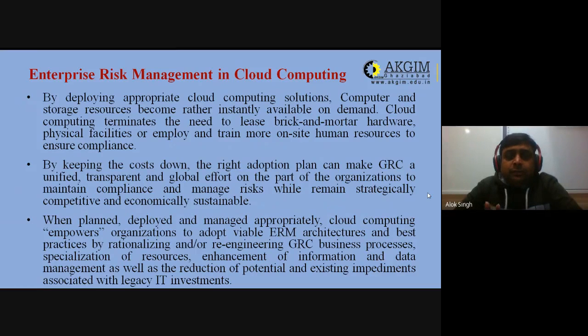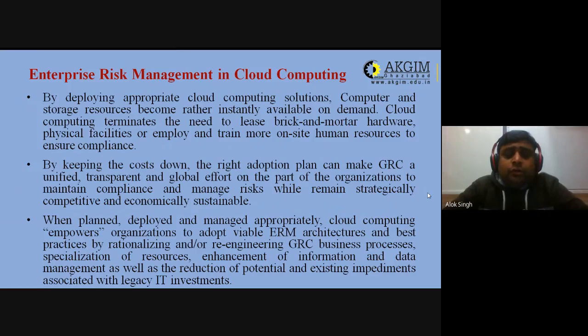It means that by adopting a cloud-enabled environment, you have stopped using brick and mortar hardware or physical facilities deployed within your premises, and you have shifted to your cloud provider's services.